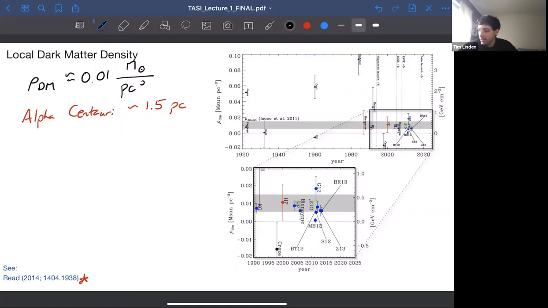And this plot is from that. So they give you a best fit here at about 0.008 solar masses per parsec cubed. And then on the right, this number in physics units is equal to 0.3 GeV per cubic centimeter, which is another number that's worth noting. So there are several methods that are used to do this.